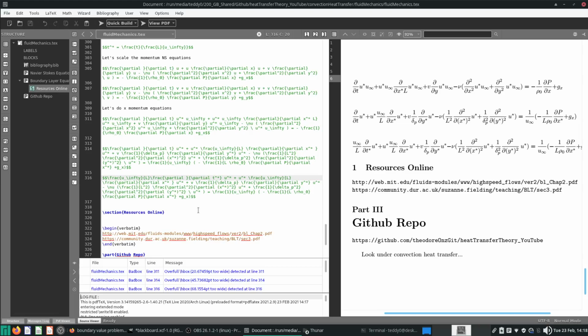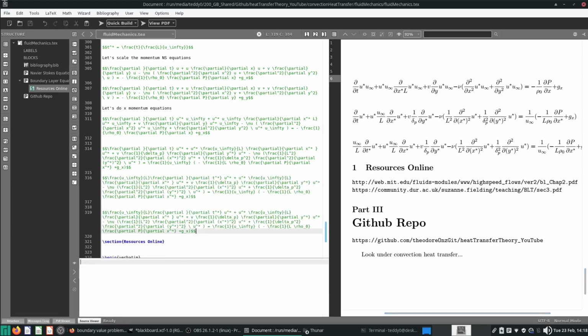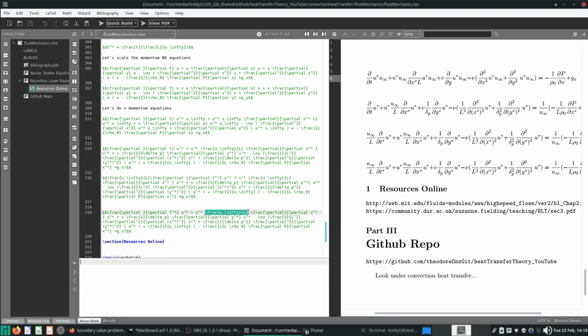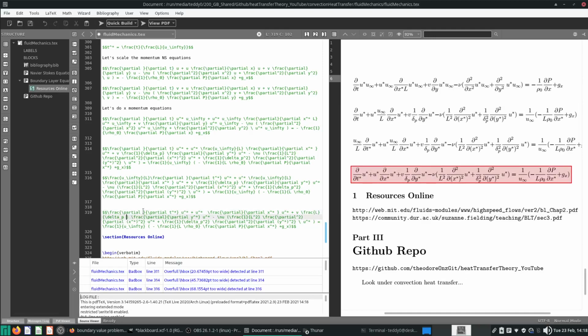We see this u infinity over L being quite a common denominator, so what we want to do is divide throughout again by u infinity over L. So that's 1, that's 2. This term we need to multiply by L on top, u infinity at the bottom.